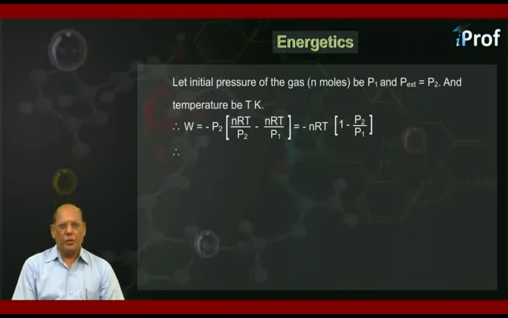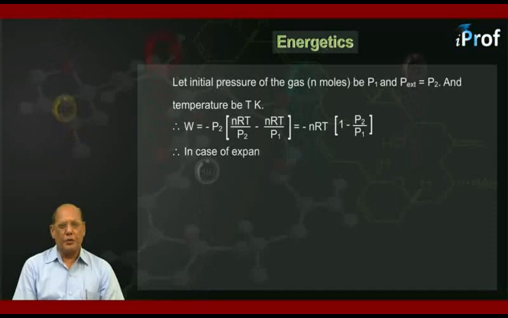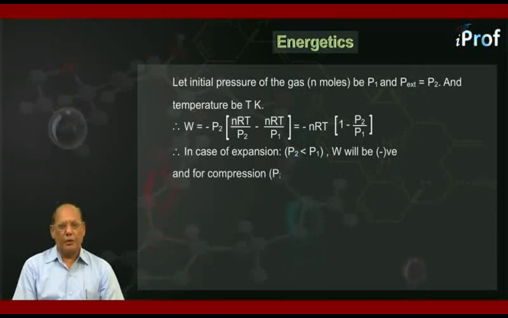Therefore, in case of expansion, where P2 is less than P1, W will be negative. And for compression, where P2 will be more than P1, W will be positive. Here is an important note.